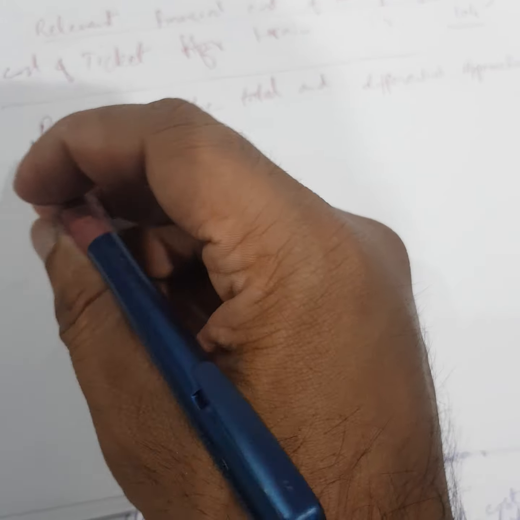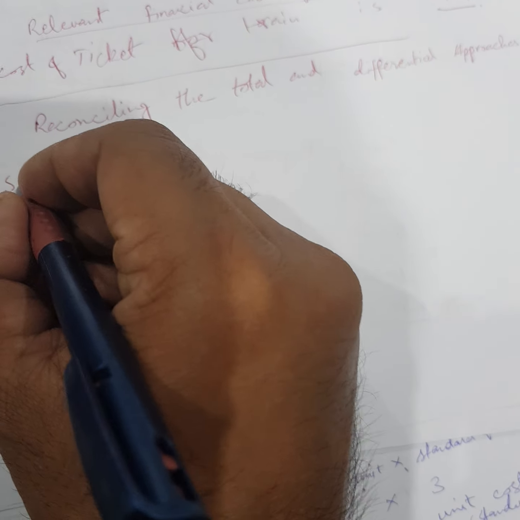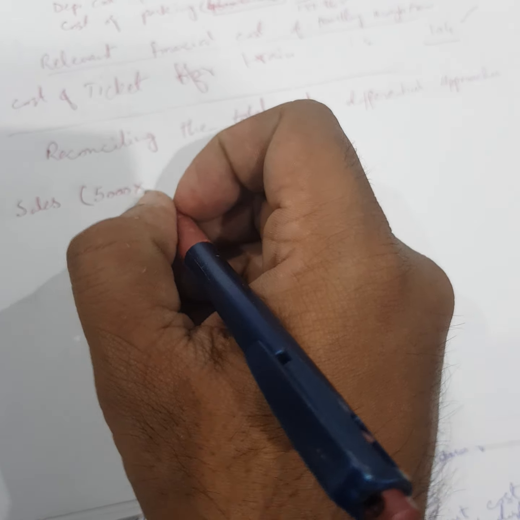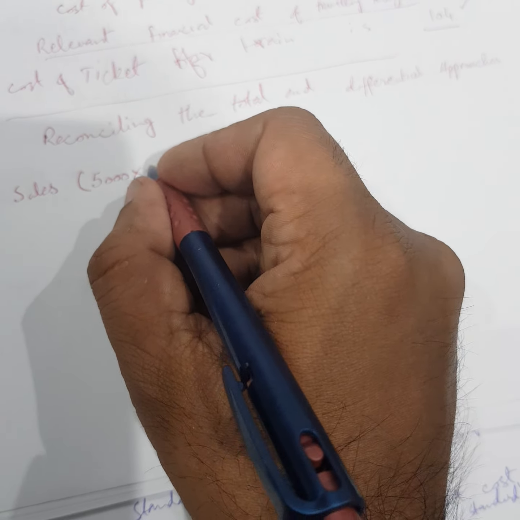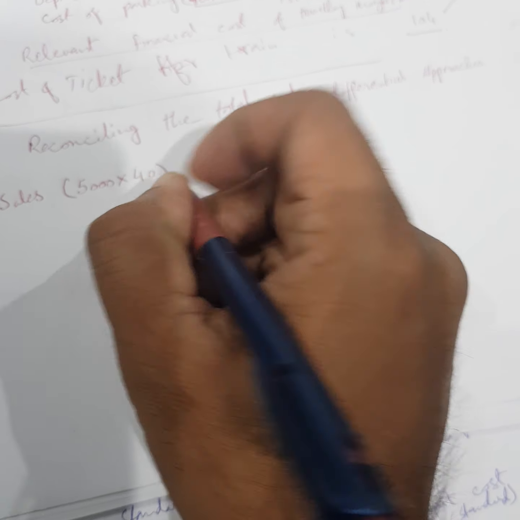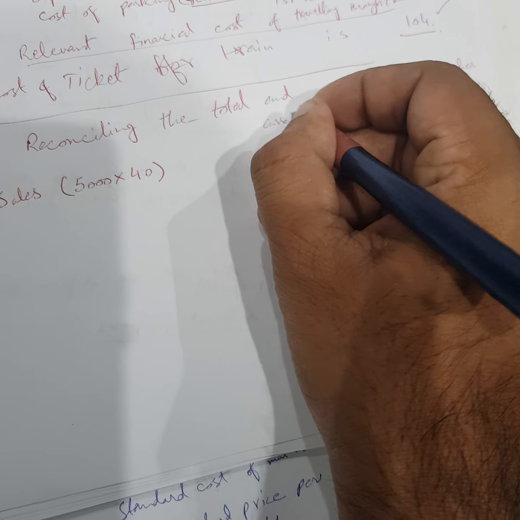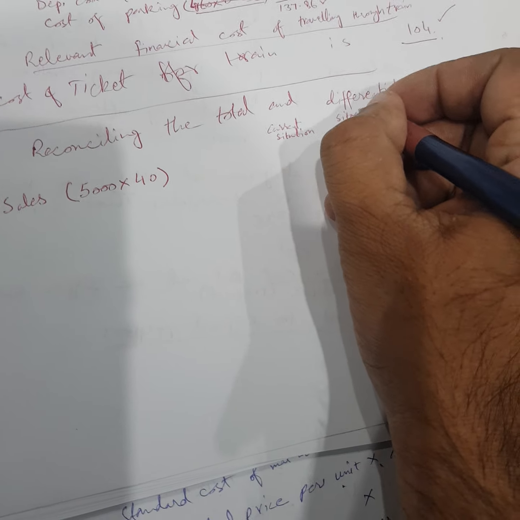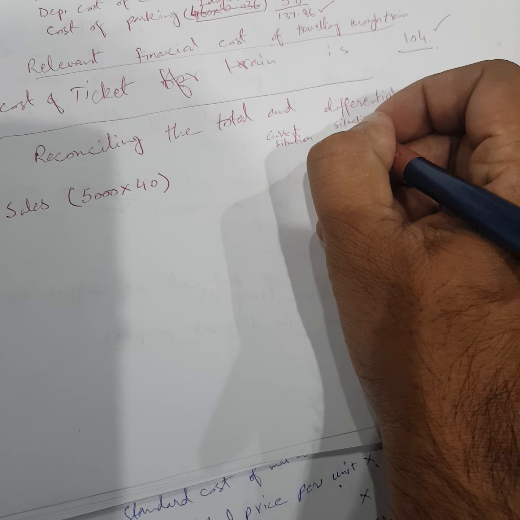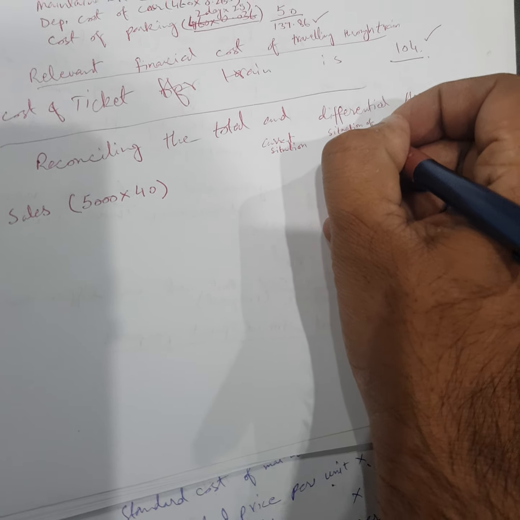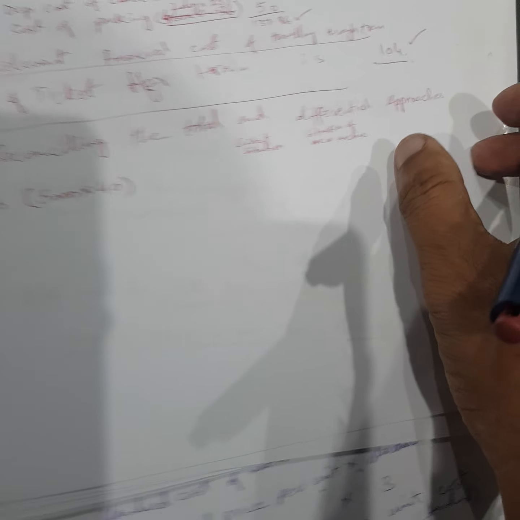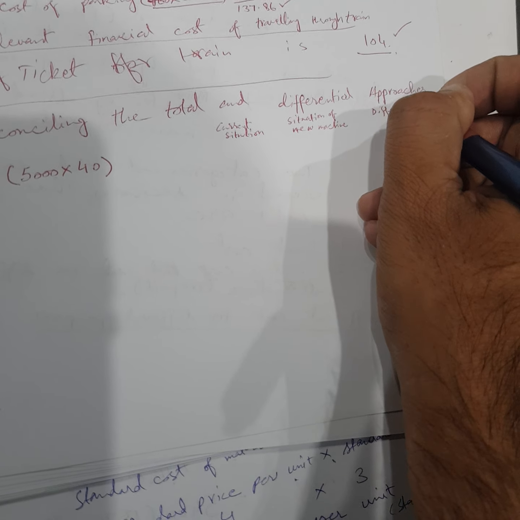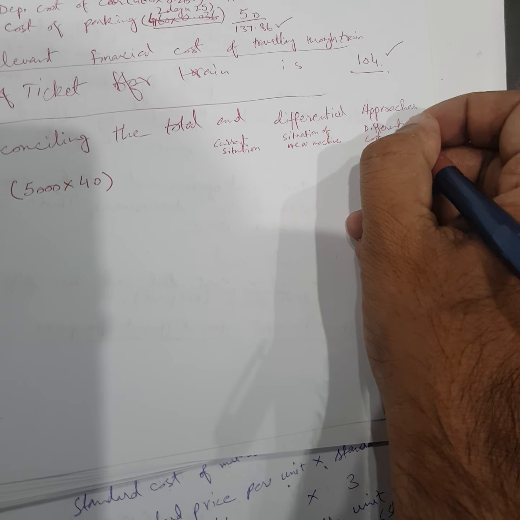As we discussed, for the sales the units were 5,000, and 40 rupees is the selling price, in the current situation and in the situation of new machine, the differential costs and benefits.